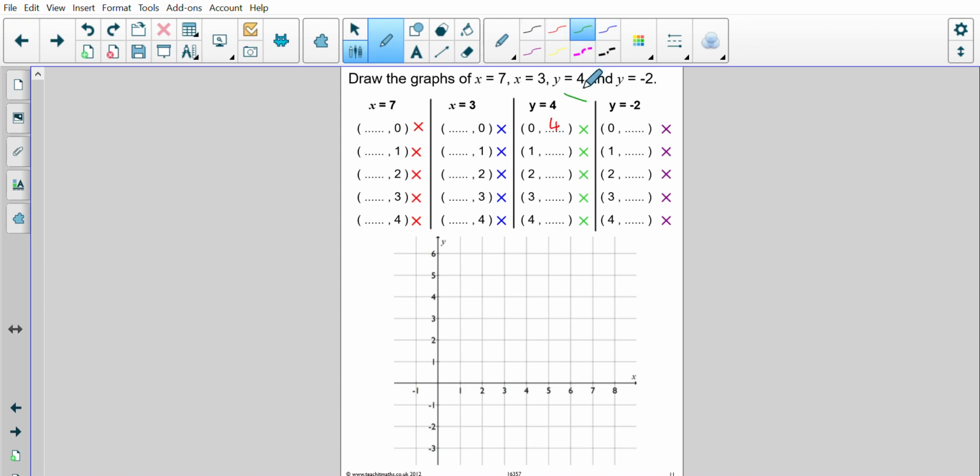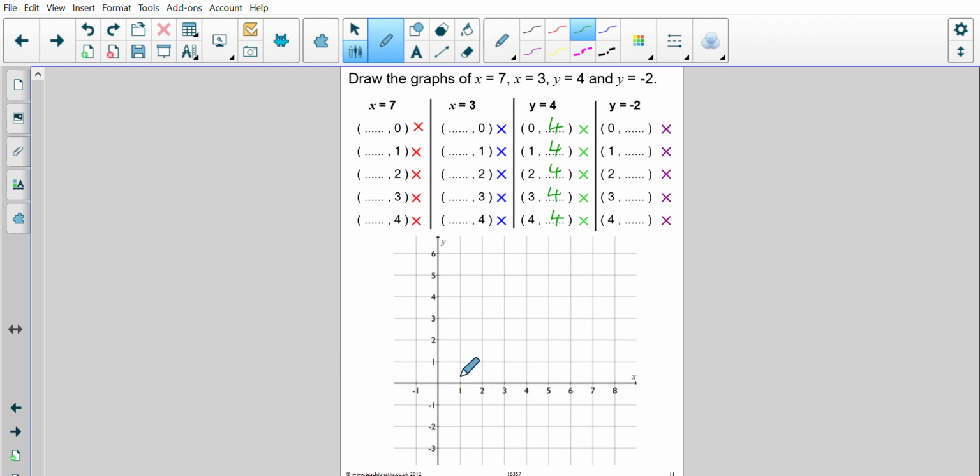I'll switch my pen to green. So y is 4 for all of my coordinates.